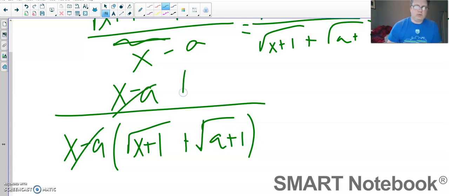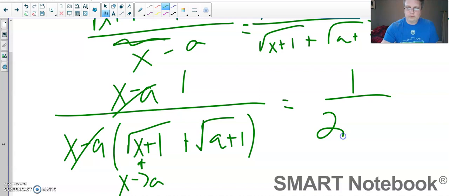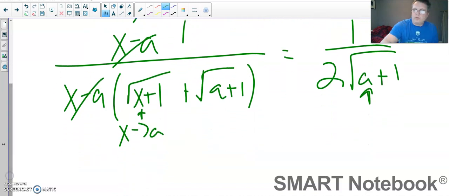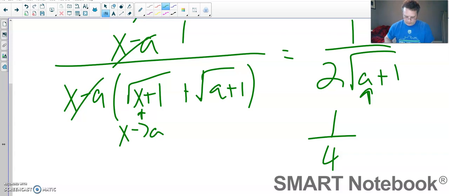Cancel, cancel, there's your 1. So as x approaches a, that means we put an a in here. So we have 1 over 2 root a plus 1. Like I said, a little crazy. Okay, a is 3. So we plug the 3 in, 3 plus 1 is 4, so 1/4 when you plug it in.